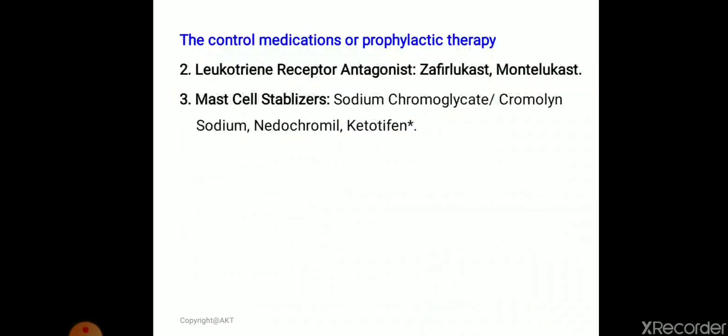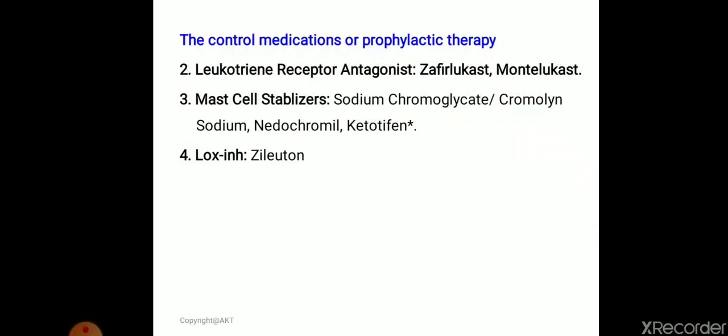Mast cells release histamine, along with many mediators which are responsible for inflammatory reactions. So if the mast cell can be stabilized and prevent the release of inflammatory mediators, it can prevent the inflammation of the respiratory tract or airway and prevent the asthmatic attack.